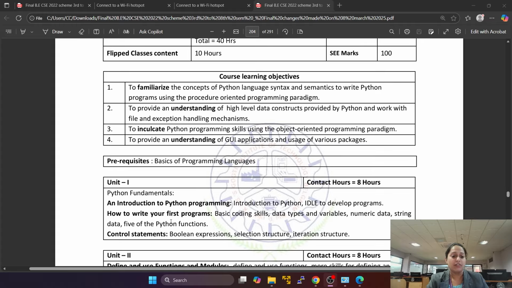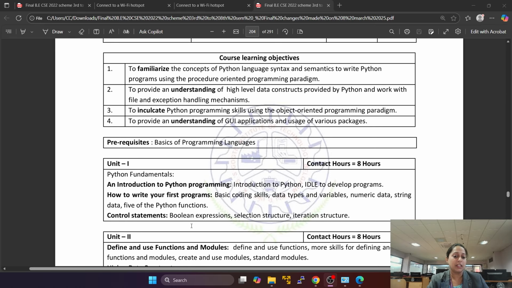In Unit 1, we will be discussing the fundamentals of Python, like an introduction to Python programming, how to install IDLE and all those things. Then we will study how to write the first program in Python. You might know that Python has very easy syntax, very simple, unlike C or C++.